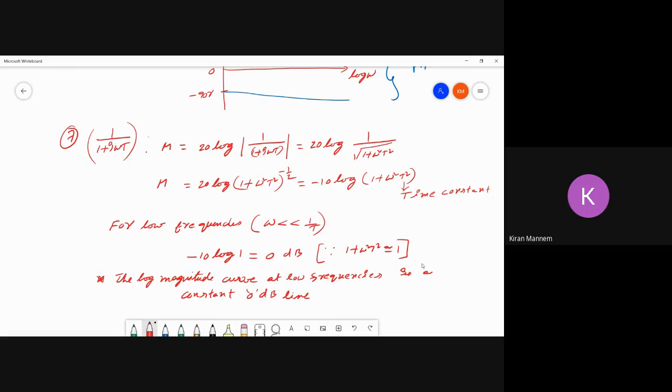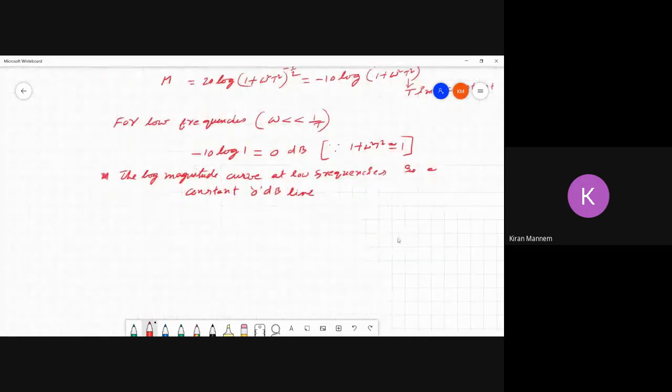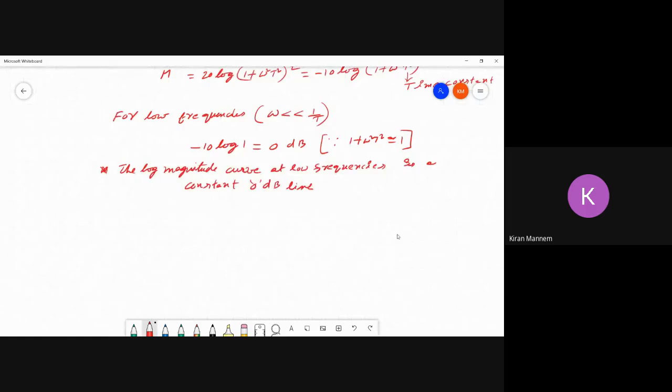So let us find out the magnitude for higher frequencies, that is, omega is much greater than 1 by t.